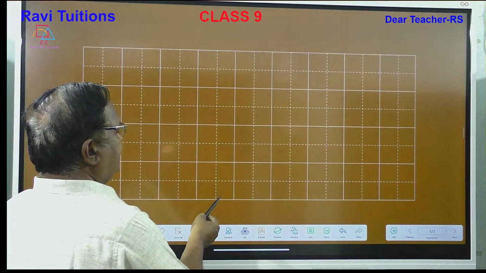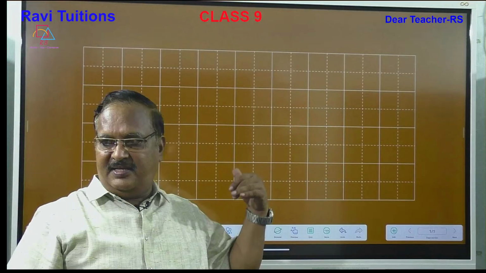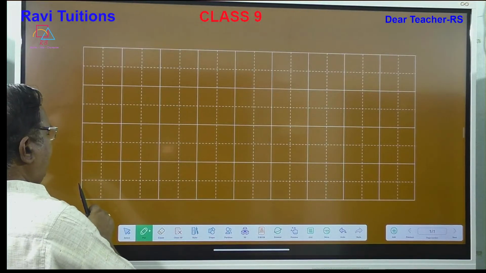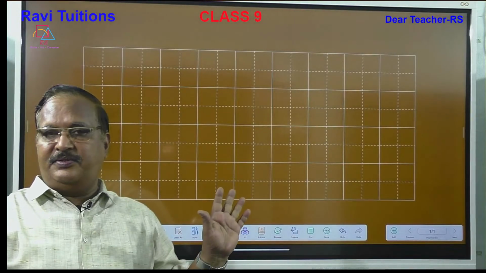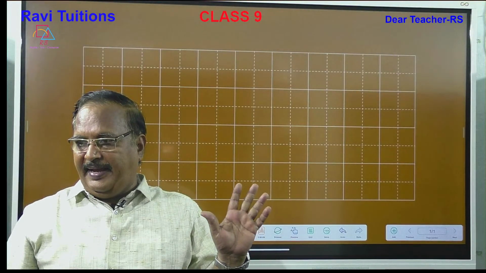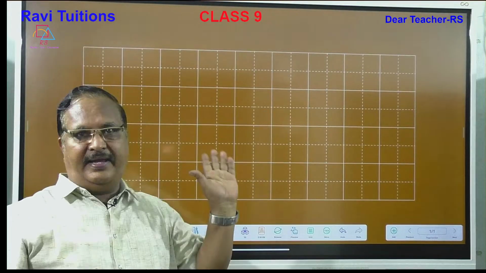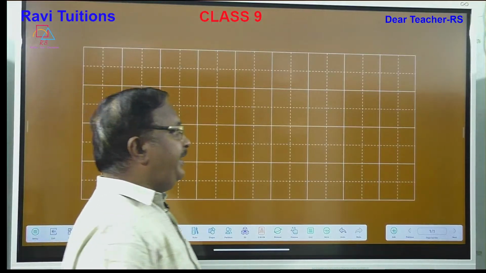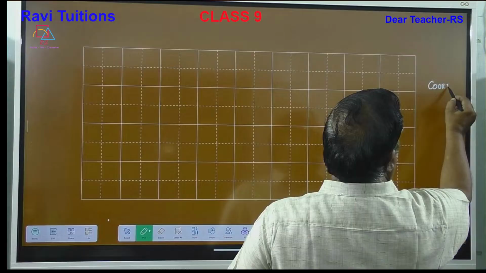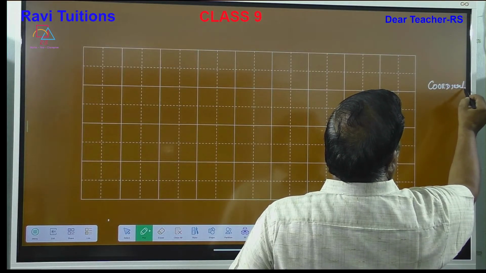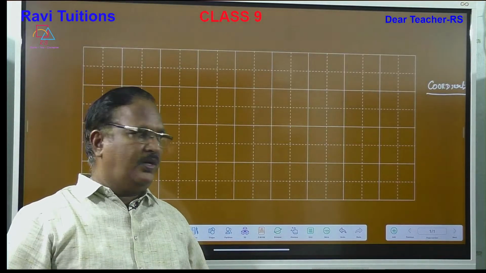Here, in this case, I have 5 horizontal lines and 6 vertical lines. So you can take any horizontal line and draw the x-axis depending upon the coordinates. Whatever the coordinates are, depending upon them, you can take the x-axis and y-axis wherever you want.